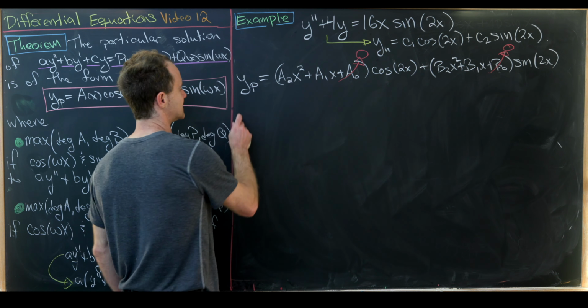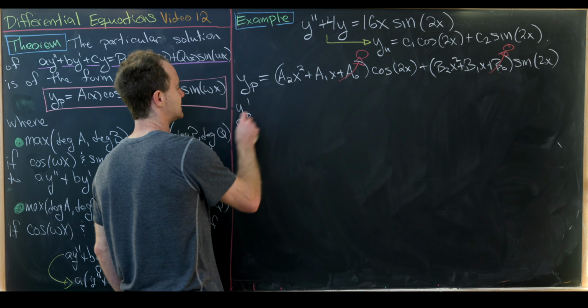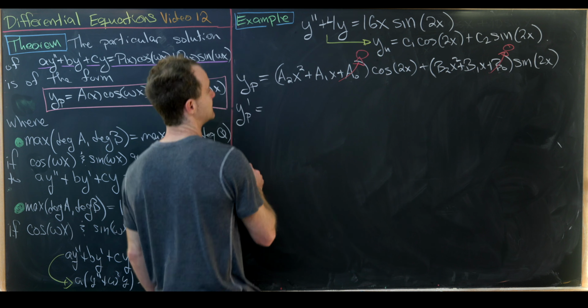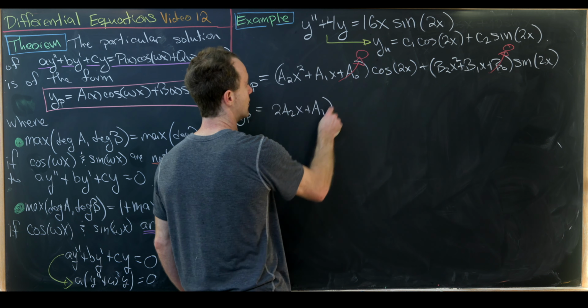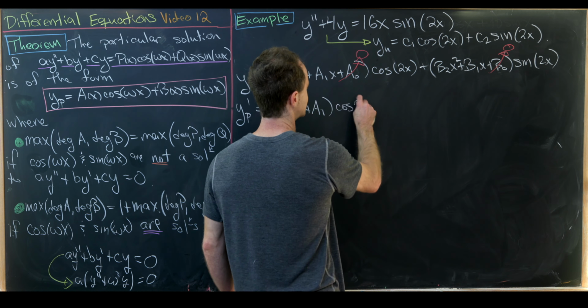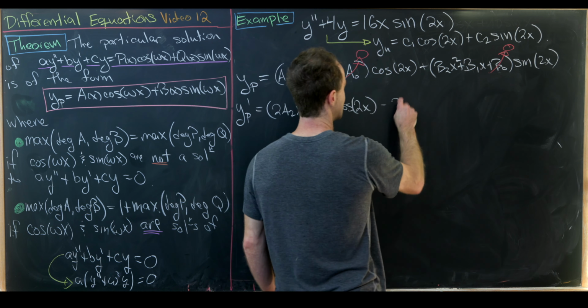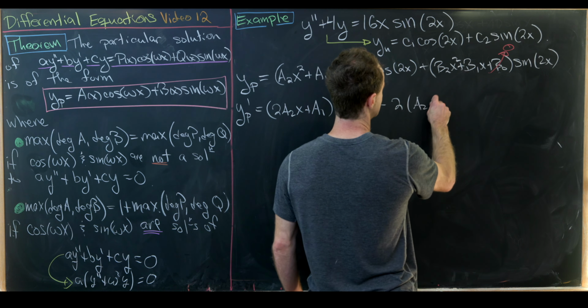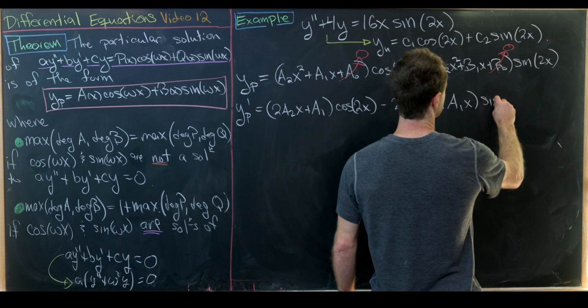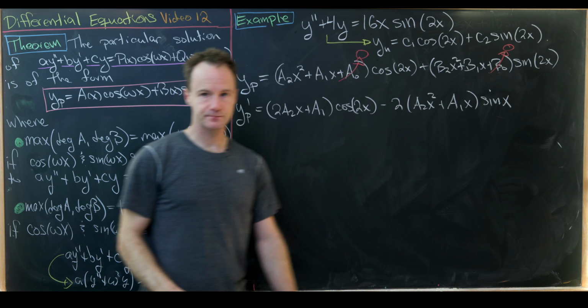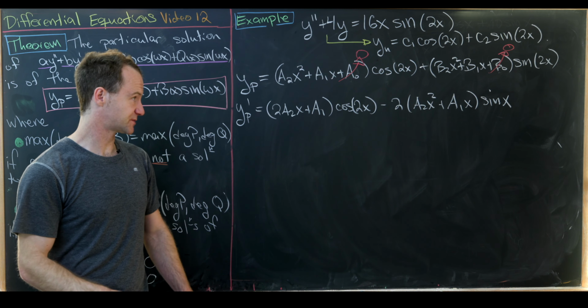Okay, so now let's take our derivative on the path to taking our second derivative. So our first derivative will be 2a2x plus a1 times cos 2x, and then minus 2a2x squared plus a1x times sine of x. So like I said, that's our first part.